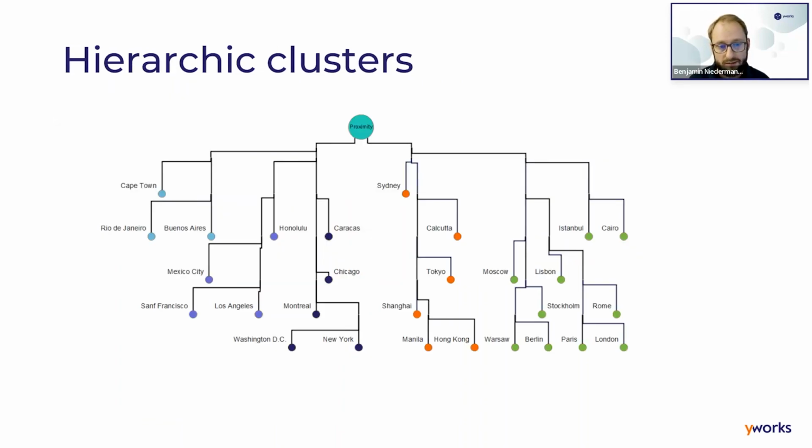Another completely different application are hierarchic clusters. So assume that you are given a set of cities and you compute the distances between the cities. And what you can do is cluster these cities with respect to their pairwise distances. So for example, New York and Washington, DC are close to each other, closer than to Montreal, for example.